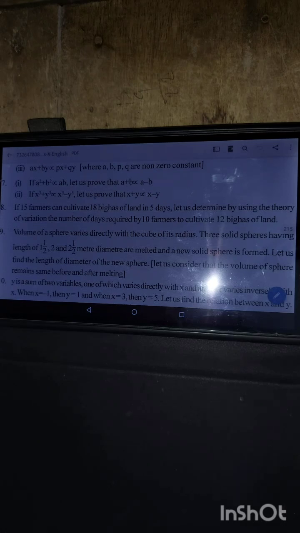If 15 farmers can cultivate 18 bighas of land in 5 days, let us determine by using theory of variation the number of days required by 10 farmers to cultivate 12 bighas of land. Okay, so let us first write the given information.